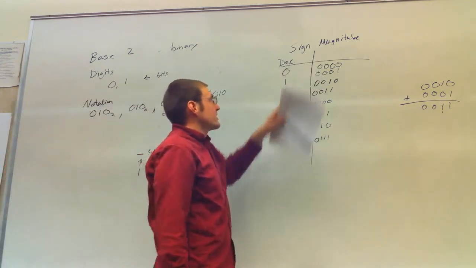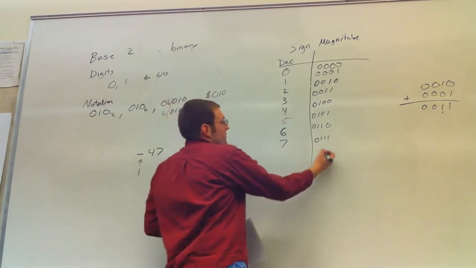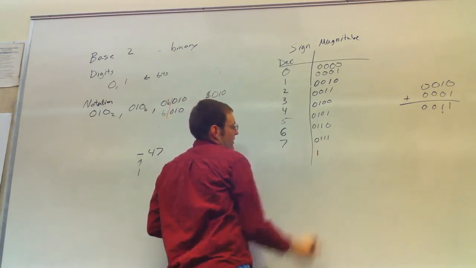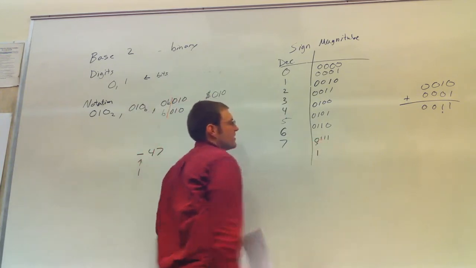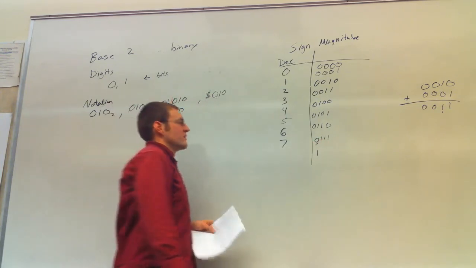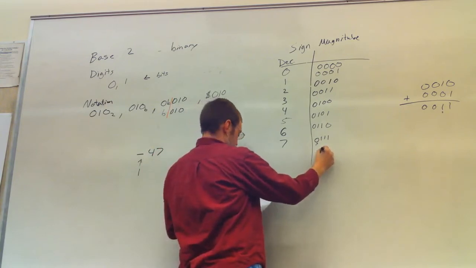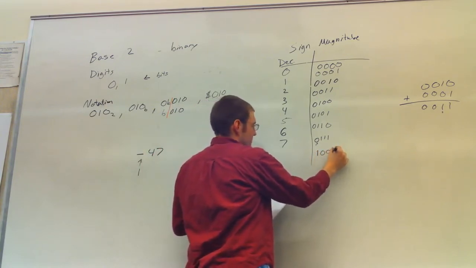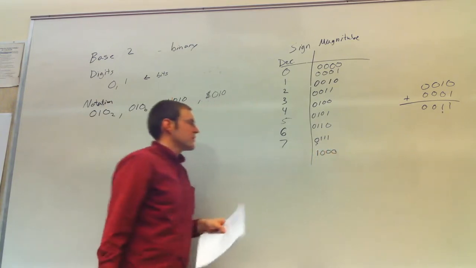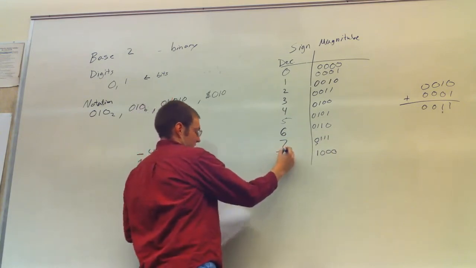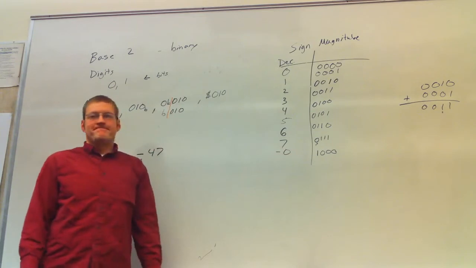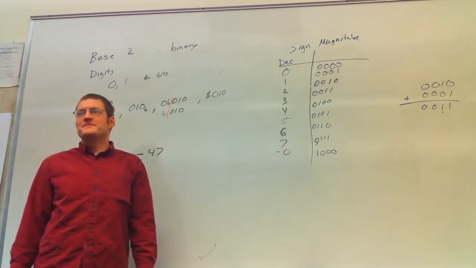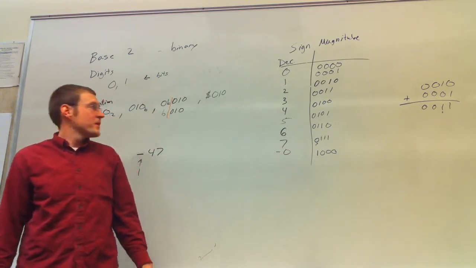We're still using what's known as sign magnitude. I'm going to make the 1 my sign. If I want 0 here, it's a positive number. So if I go 1, 0, 0, 0, we'll make that negative 0. How would you differentiate that from 8?